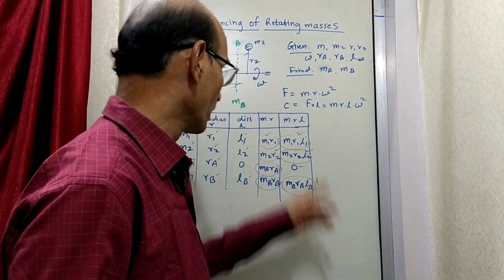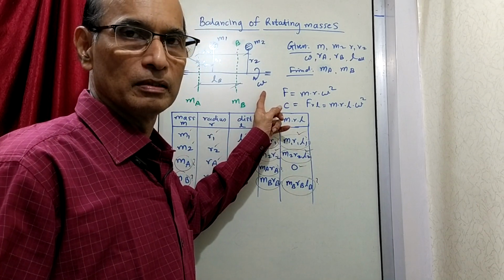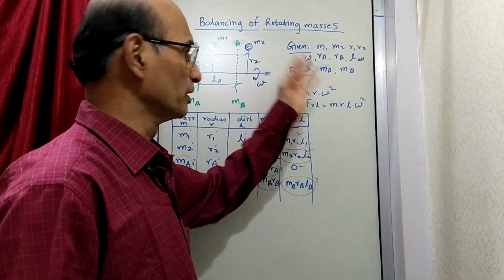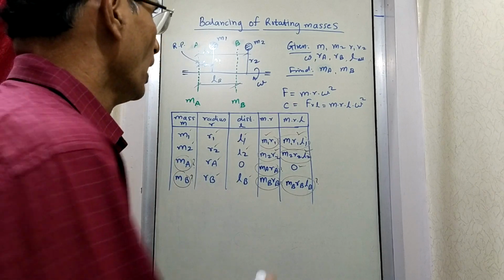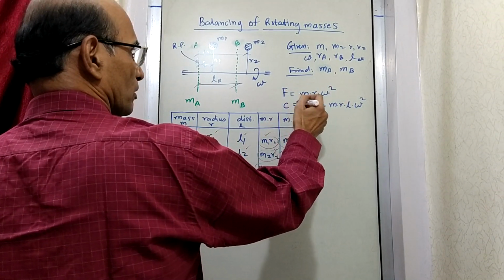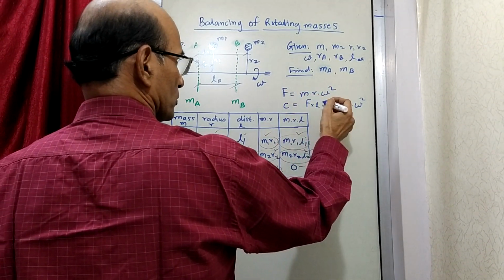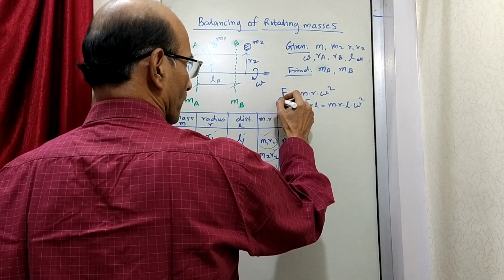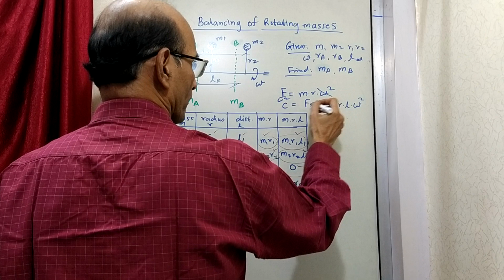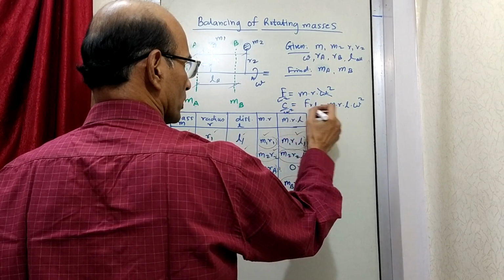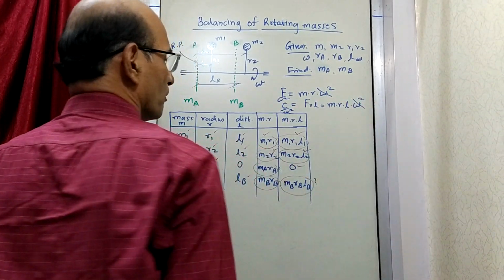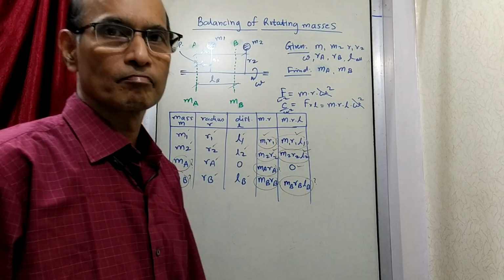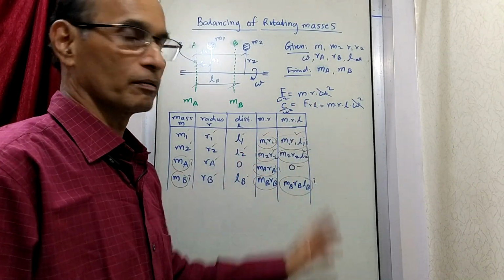Now since omega is not going to change, it is constant. So omega you can remove, and we can bring it down here. So it is F upon omega square equal to MR. And C upon omega square is MRL. I just brought omega square here.